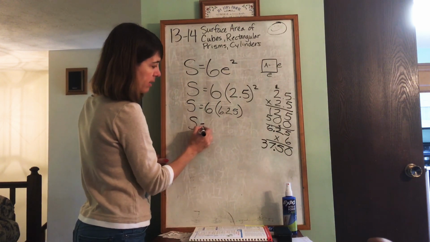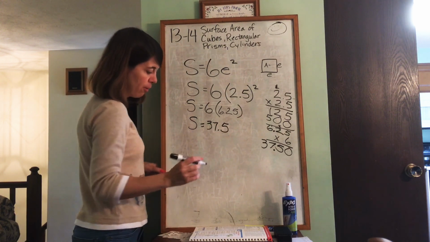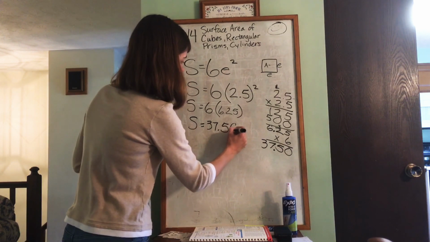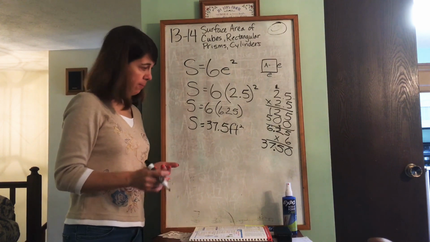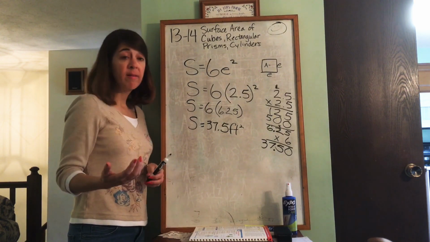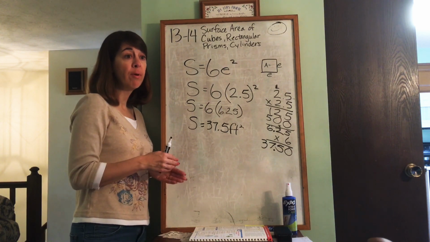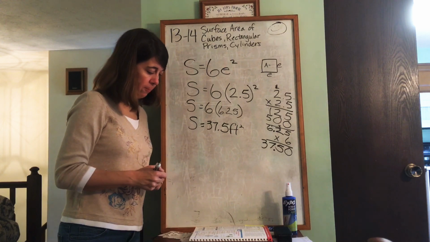So S equals 37.5 or 37.50. And then your unit was feet, and so it's going to be feet squared because we're talking about area. Okay, this is difficult stuff. We've sort of been building up to this point, starting way back with perimeter, then moving to area, and then building up to surface area.